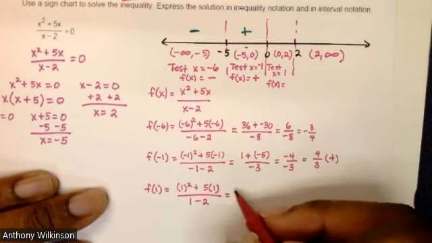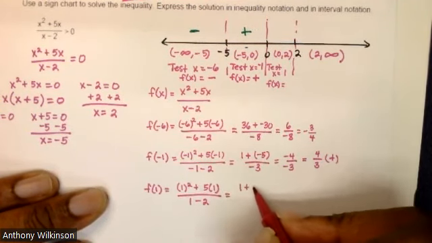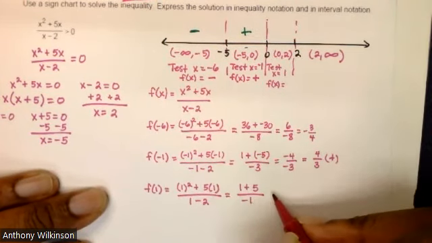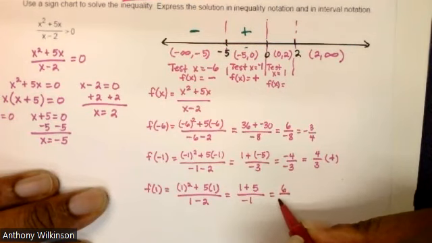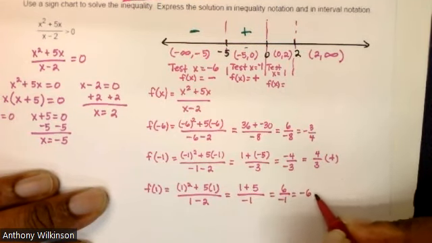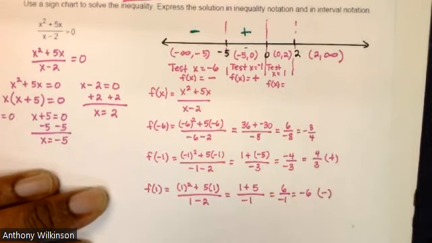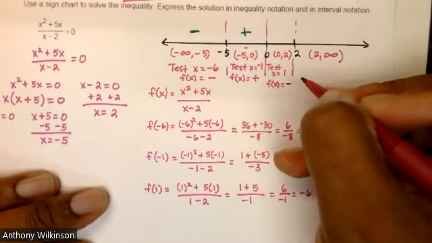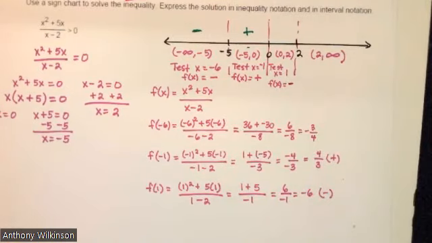And in this case here, 1 squared will be 1 plus 5 times 1, which will be 5. 1 minus 2 would be -1. So I have 6 over -1 or -6, which is negative. So f of x from 0 to 2, I'm going to get negative values here.